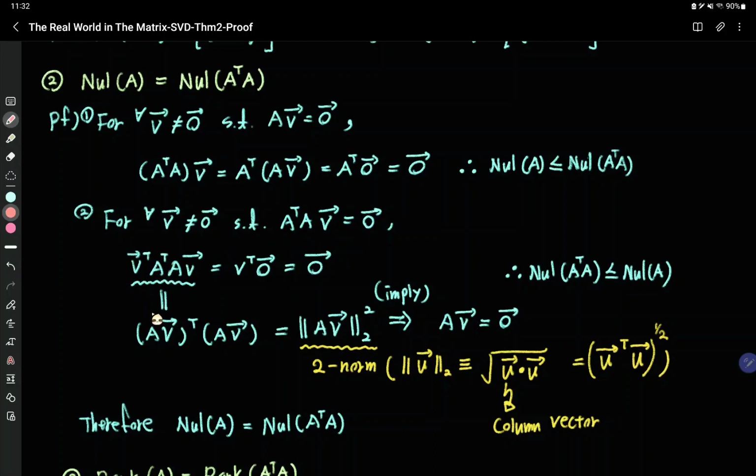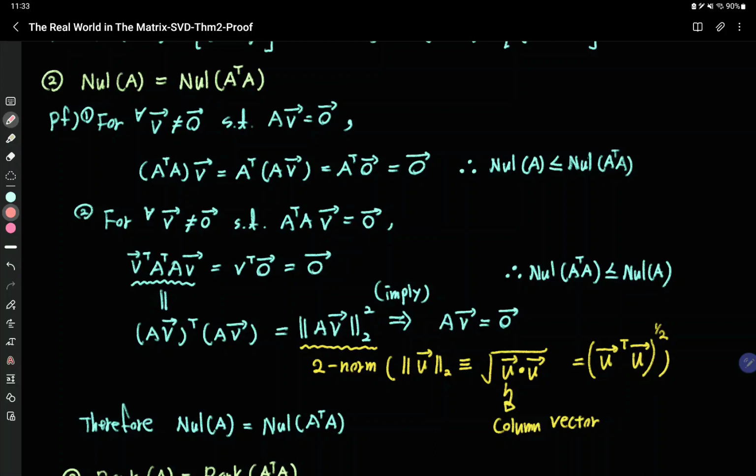That's going to be AV transpose times AV, right? That's the square of the L2 norm, because here the discrete L2 norm works as just the 2 norm. The 2 norm of vector U is the square root of the dot product of vector U with itself, so we can say U transpose U.